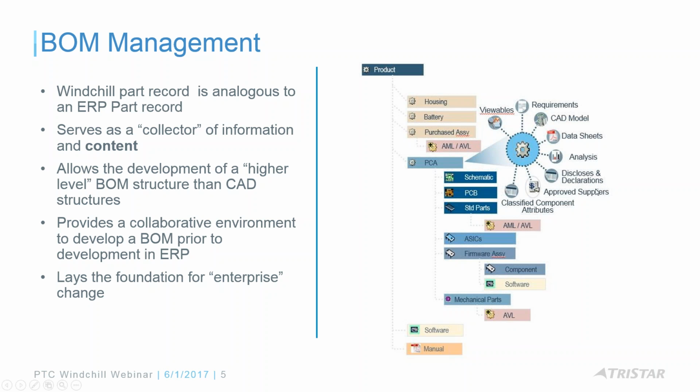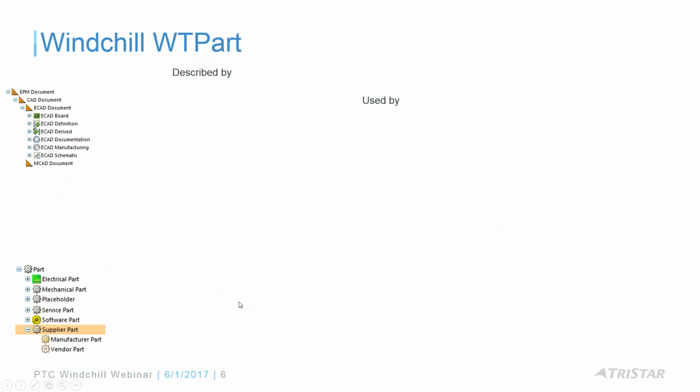You could have some information from attributes, maybe documents, and so on. So Windchill itself has, out of the box, different types of parts. So there's a mechanical part, there's an electrical part, there may be some supplier parts.